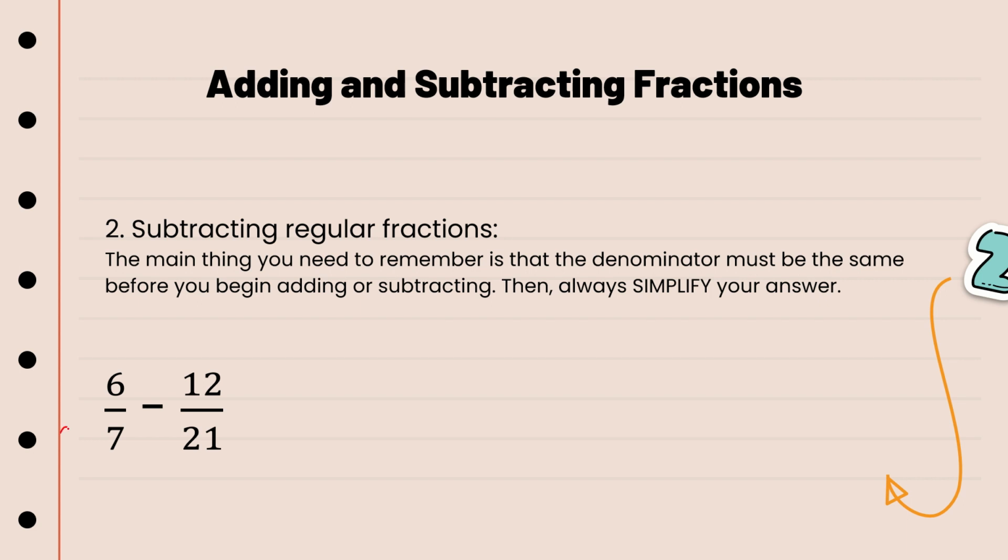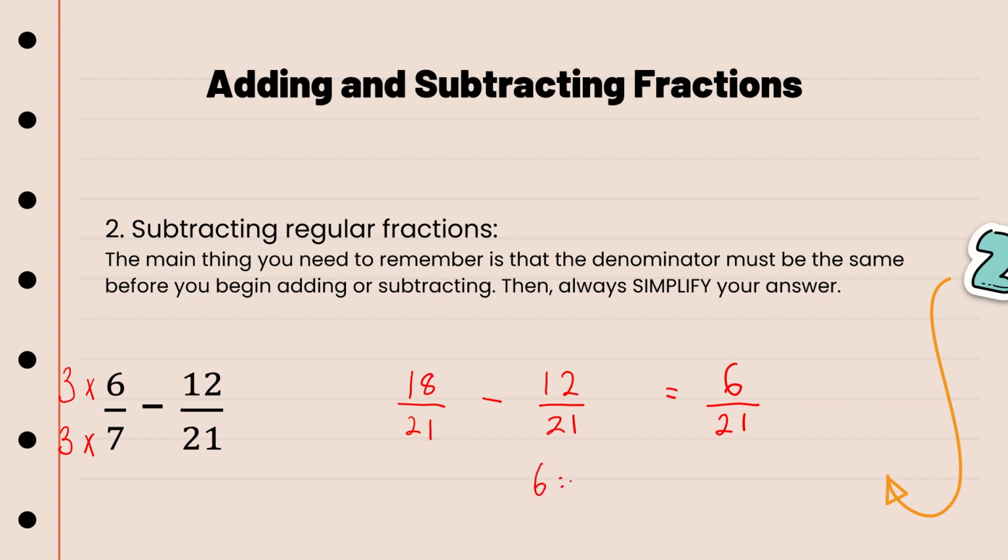But because I can multiply this by 3 to make it 21, I'm going to do it to the numerator and the denominator, which will then give me 18 over 21, take away 12 over 21, which will then give me 6 over 21.